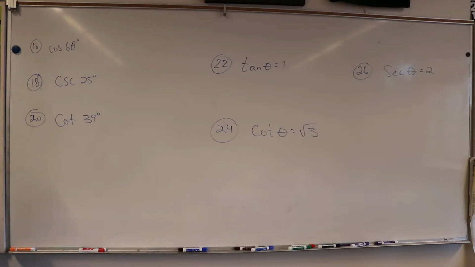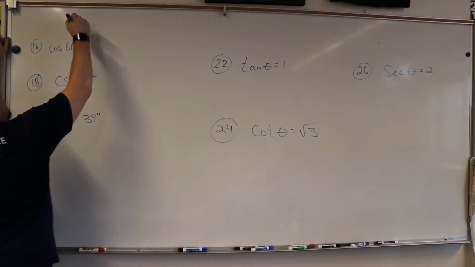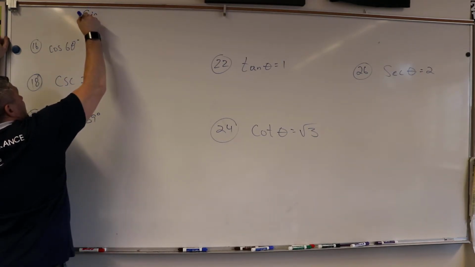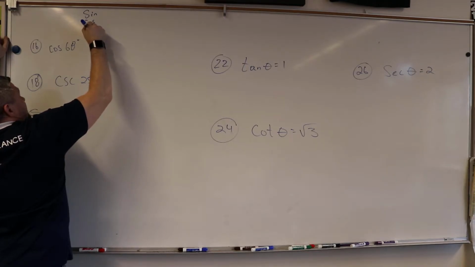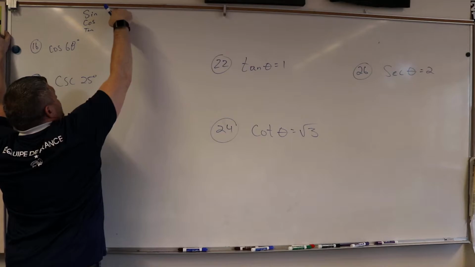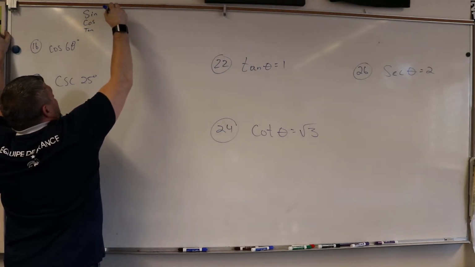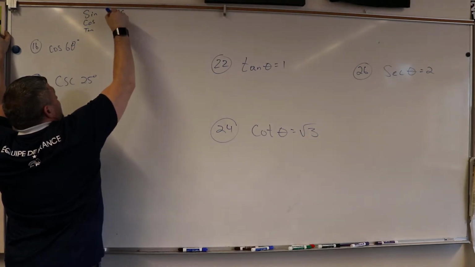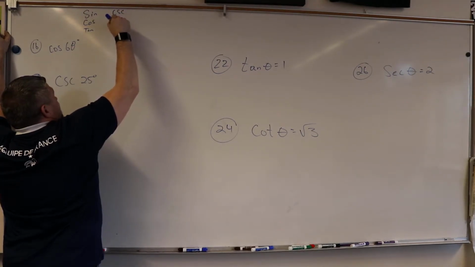Alright, so with this, we have to remember we have sine, cosine, tangent, right? And then we also have cosecant, secant, and cotangent, right?